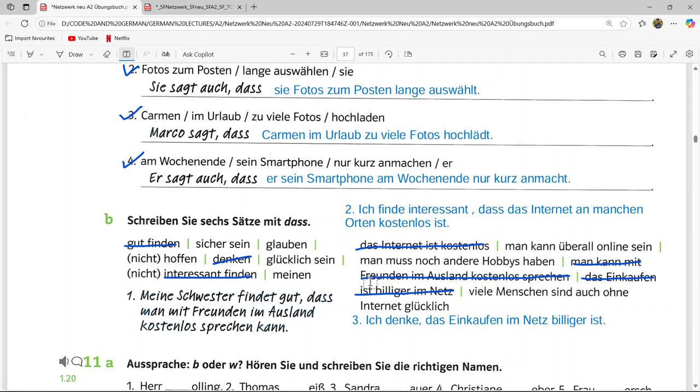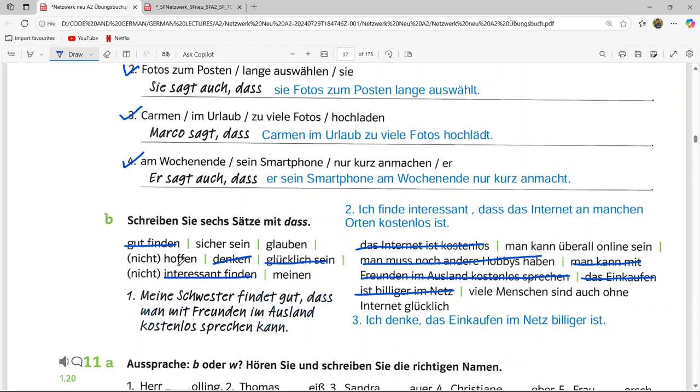Okay, for example, like you can choose this one, glücklich sein. Okay, and then we can make this one, andere Hobbys haben. Okay, like this, that wir sind glücklich, dass wir noch andere Hobbys haben. So we are happy that we are still having different hobbies.